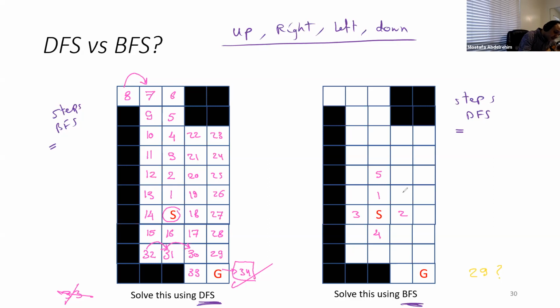So 5, 6, 7. 2 here, 8, 9, 3 would be 10, 4 here is 11. Then what is the minimum here? It's 5, so 5 again, 12, 13, 14. Then we go to 6, 15.